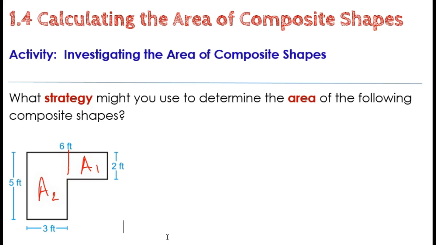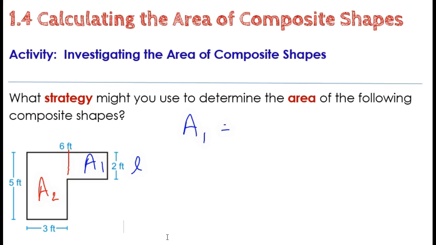Now, moving over to the side, I'm going to write it. How am I going to find out what A1 is? I'm going to color this blue so we remember what part we're talking about. A1 looks like a rectangle. It has a length right here that is 2 feet and a width over here that I don't really know.